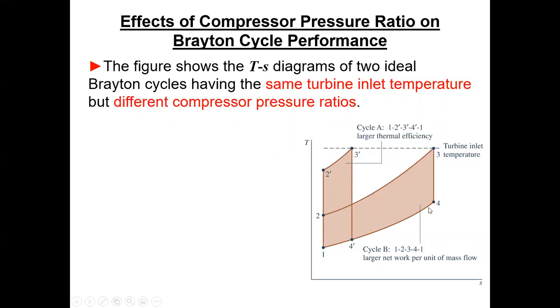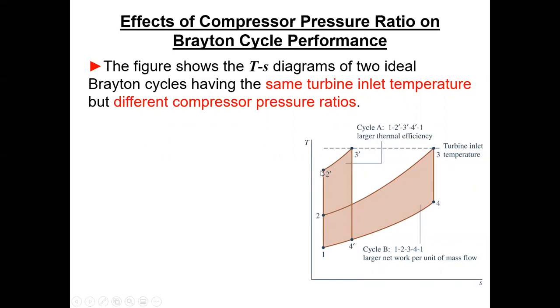And so then we're going to make some observations. We can see the shaded in area represents the net work that's produced by the cycle, the turbine output minus compressor input. And so we get different shapes, and we're going to have different efficiencies, right?